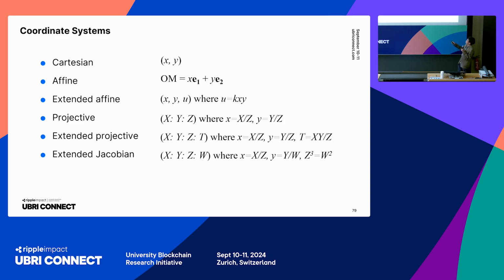Typically, we use this one, affine, but we can introduce another dimension, and then we can reduce the number of division operations. For example, if we introduce z, then instead of x and y, we can use x over z, y over z. When we convert to this coordinate system only once, all the following operations can be done in this coordinate system, which doesn't require the expensive division operation.